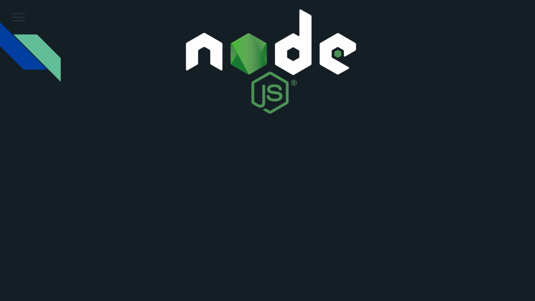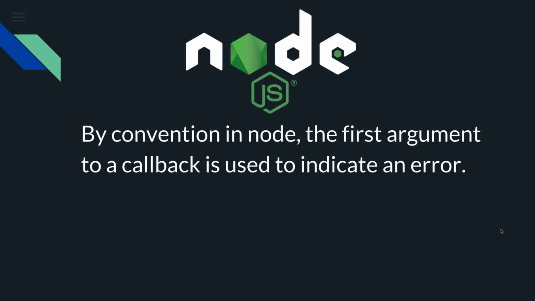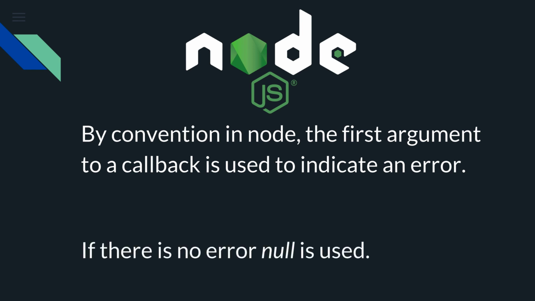In addition to browser APIs, this convention of representing something that is currently unavailable as null is used heavily within Node.js. In Node.js callbacks, the first argument is traditionally used to indicate an error. If there is no error, normally null is passed as a placeholder.